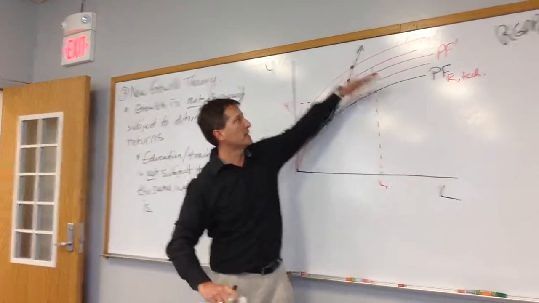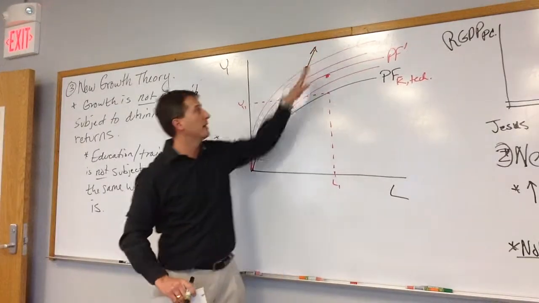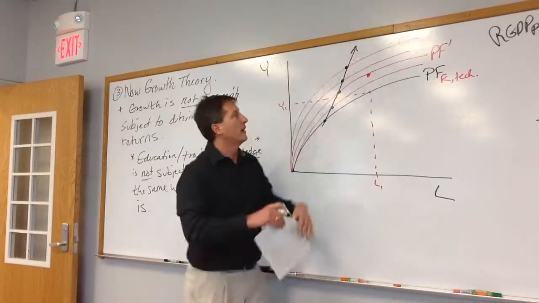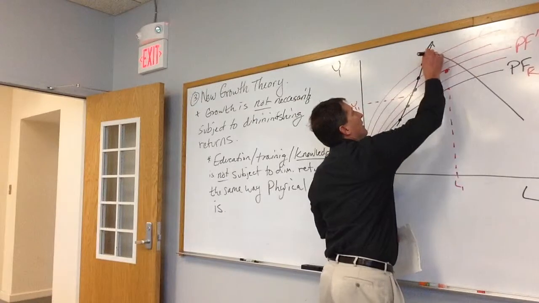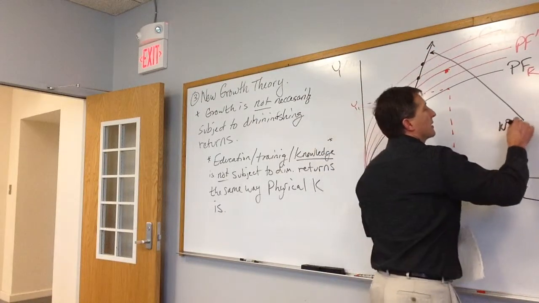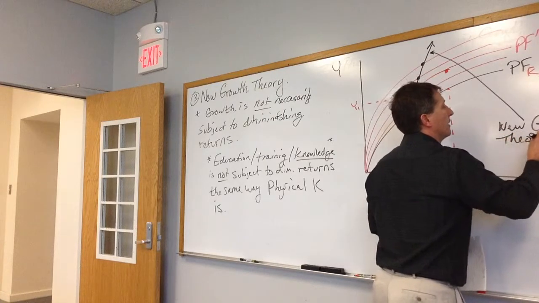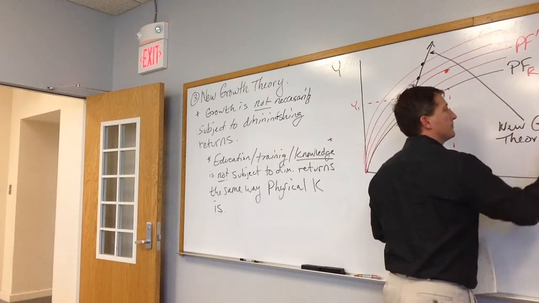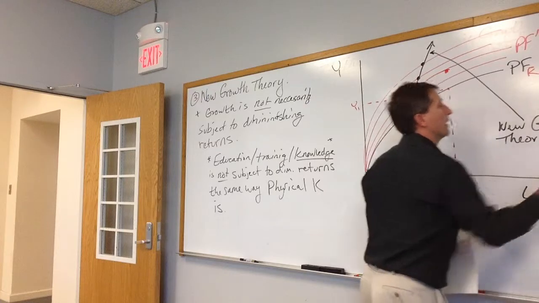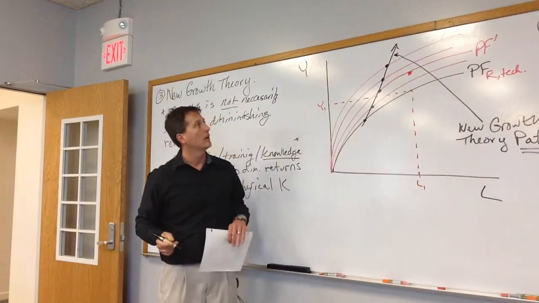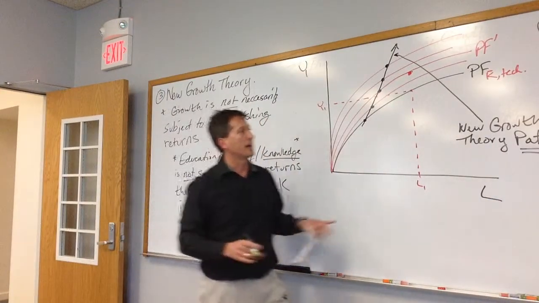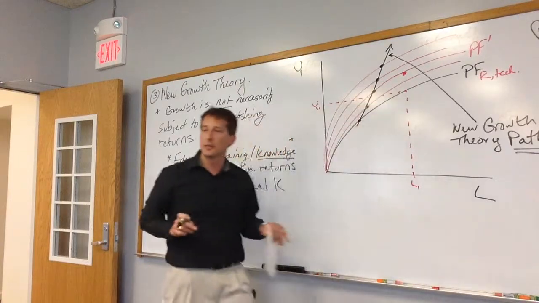As long as we're continually innovating and changing and surging upward, the path of the economy might look like that. So that's the new growth theory path. And it is not subject to diminishing returns.